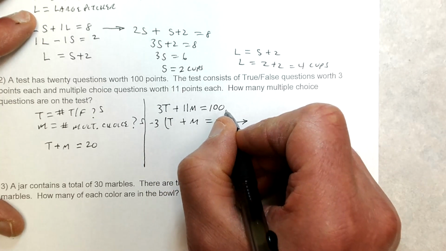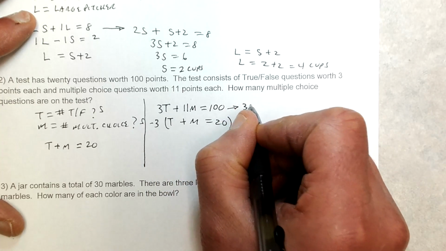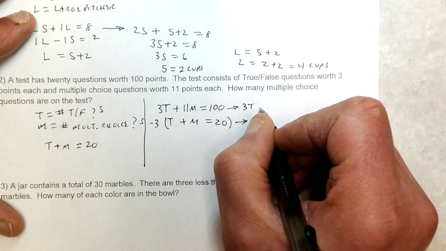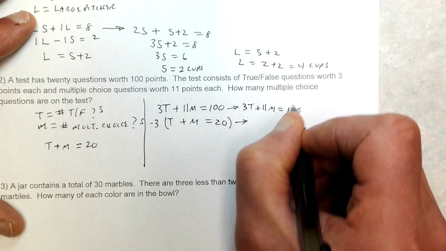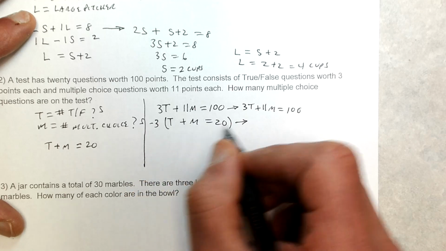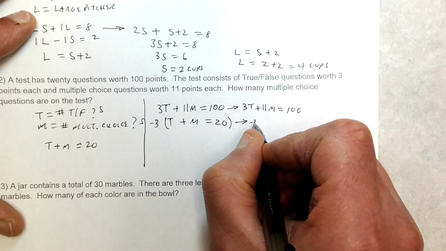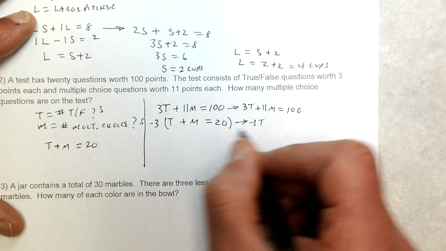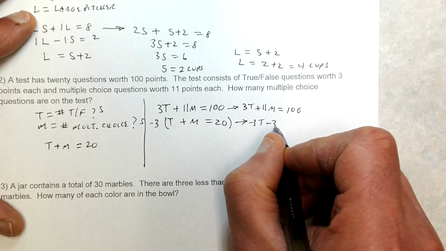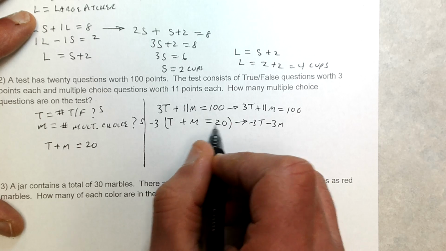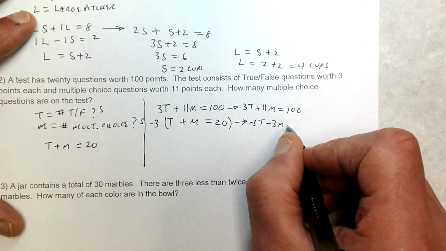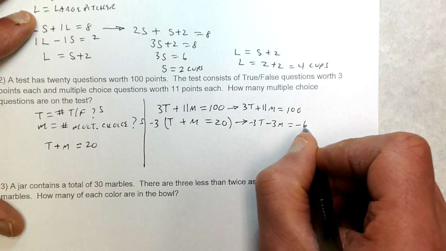I'm just going to carry the top equation over, 3T plus 11M is equal to 100. But this one I'm going to multiply by -3, and I'll get -3T and -3M. And don't forget to multiply the right-hand side: -3 times 20 is -60.